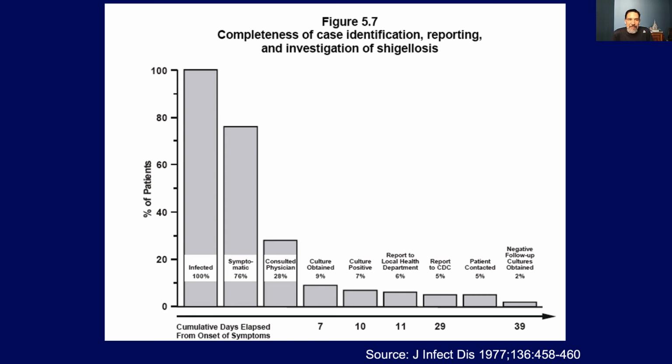So it is, unfortunately, reality that completeness is almost never 100% and almost never even close to 100%. So you may have it for some rare diseases of very high public health importance, but in most cases, it's never near 100% complete. And this is an example I like that kind of demonstrates that.